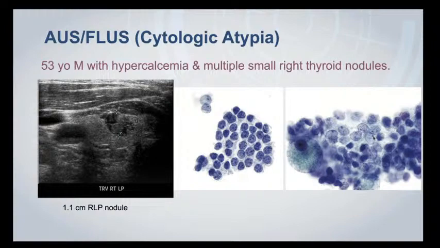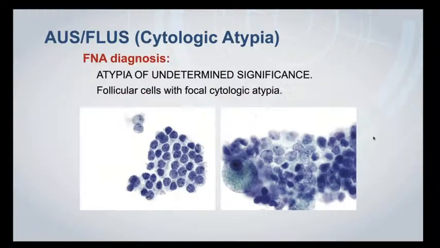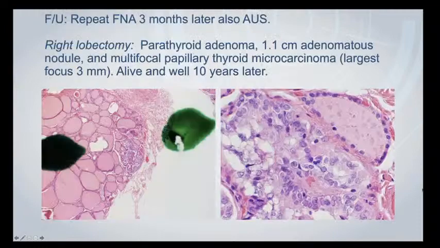But there they are, and I think that this is a reasonable example of the kind of case that you would consider calling either AUS or FLUS, which is what we did here. So in our laboratory, we use AUS, so we called it atypia of undetermined significance, and then we use the qualifier focal cytologic atypia. Now, you're probably curious what this turned out to be.